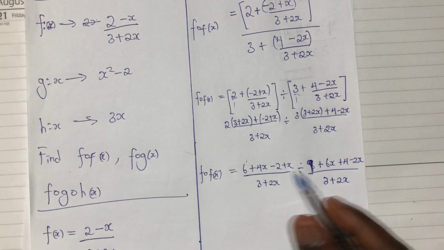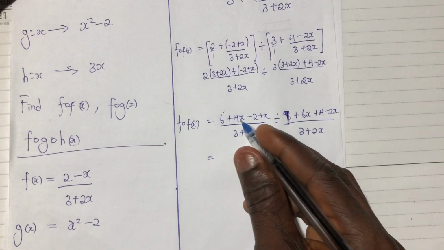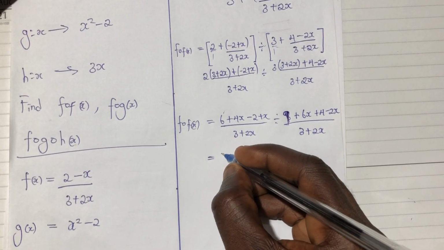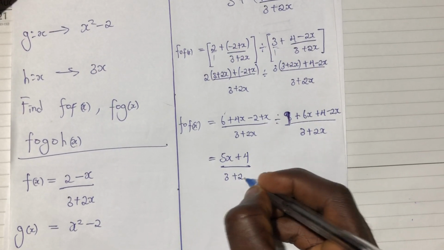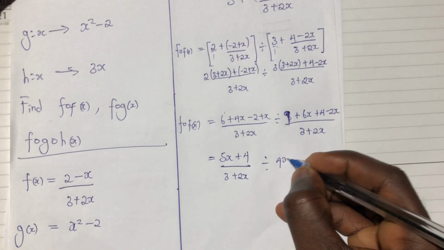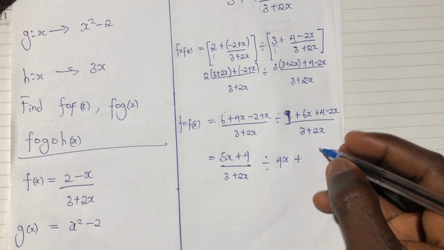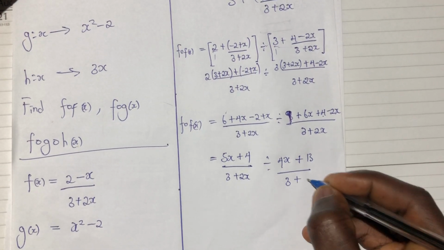So now we can group like terms at the numerator before we divide. Our next step will give us 5x plus 4 out of 3 plus 2x divided by this, and this will give us 4x plus 13. This and this will give us 13 divided by 3 plus 2x. So the rest is simple.